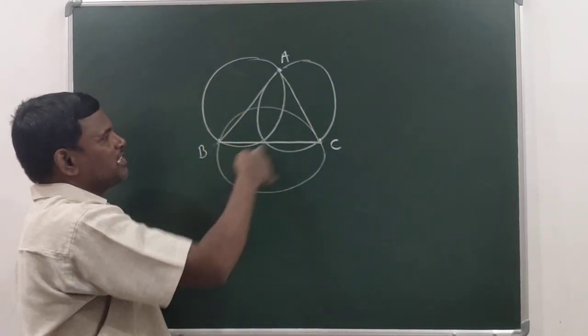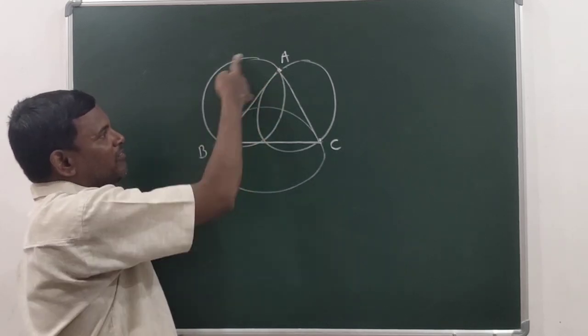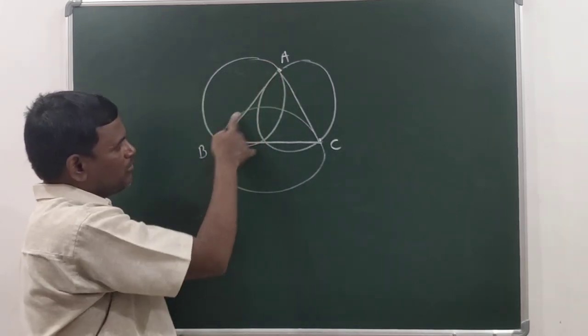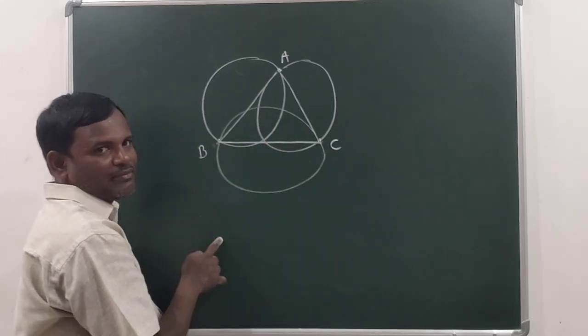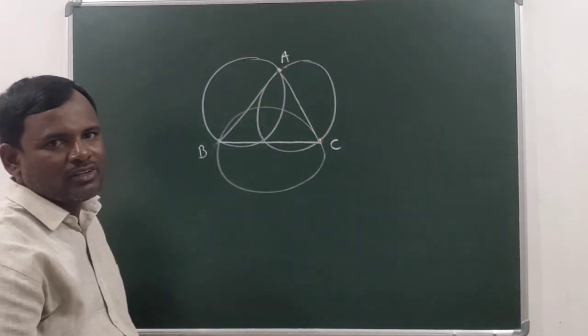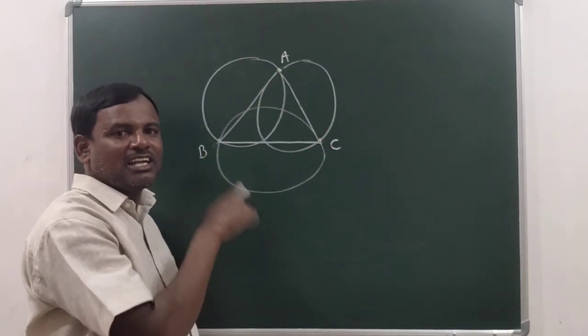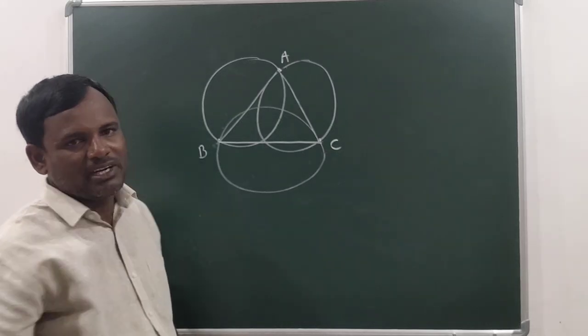If you observe this circle, AB is the diameter. Now see this circle. For this circle BC is the diameter. For the third circle AC is the diameter. So these three circles are described on triangle ABC with its sides as diameters.